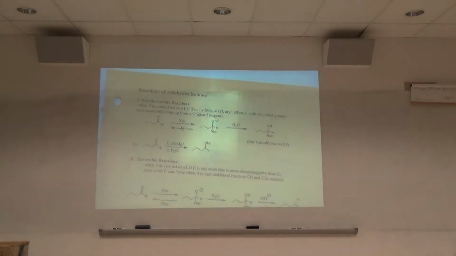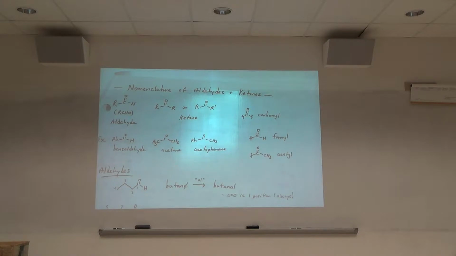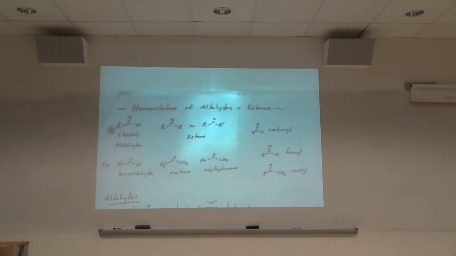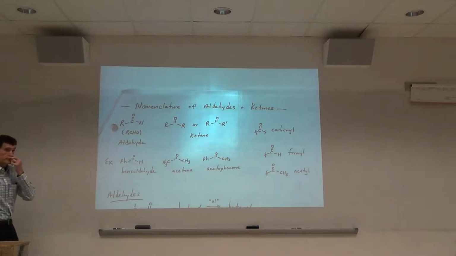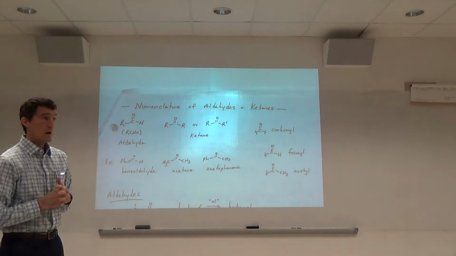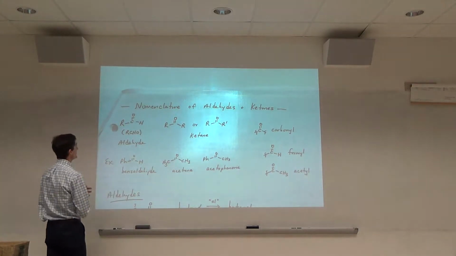So the yellow is our outline once we start reactions. Okay, nomenclature of aldehydes and ketones.